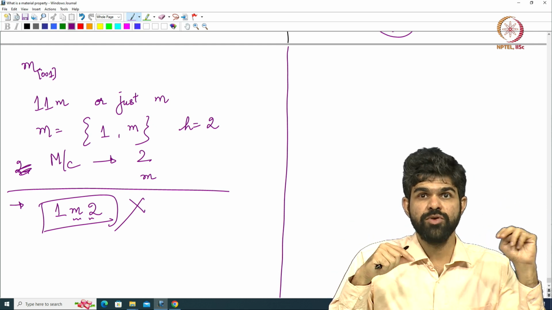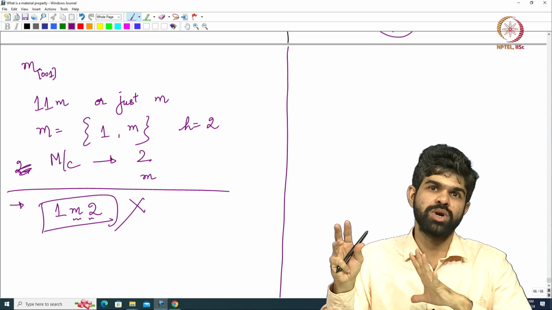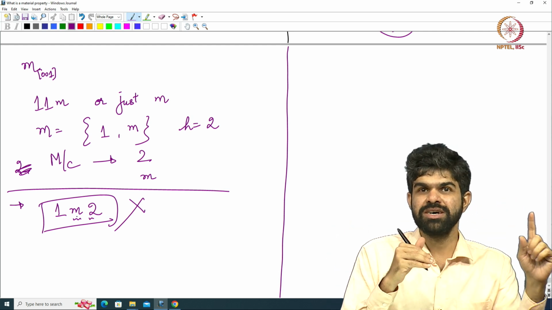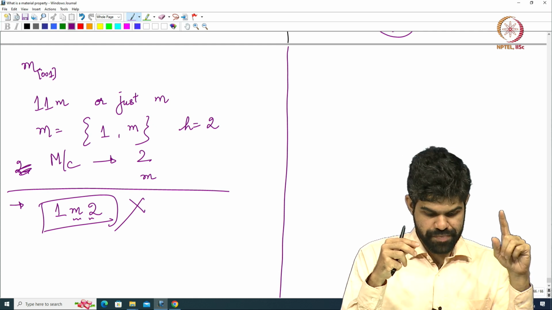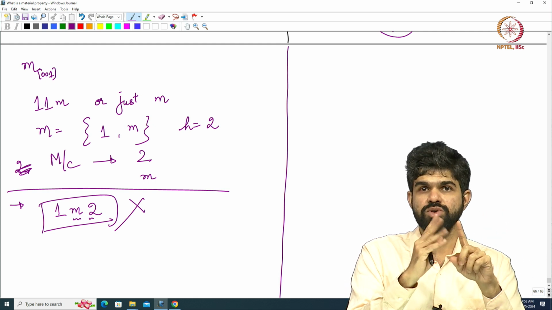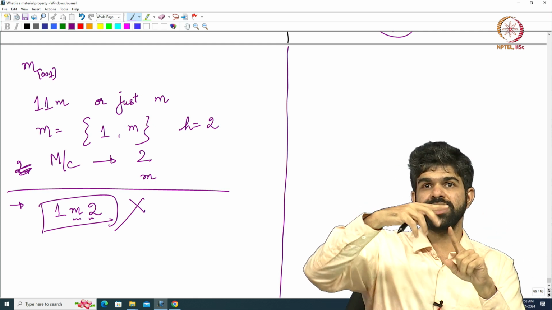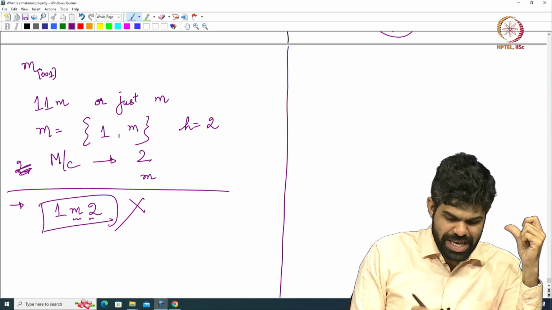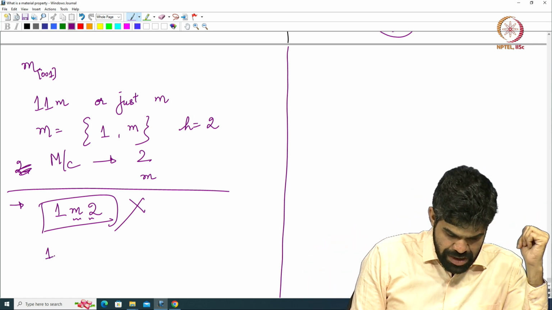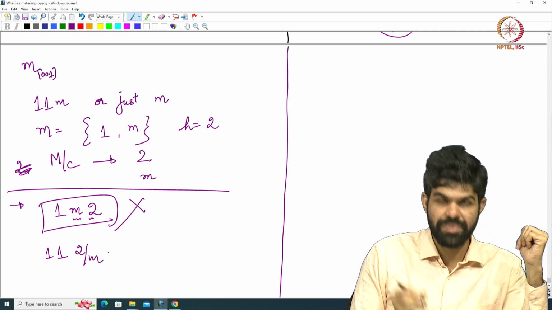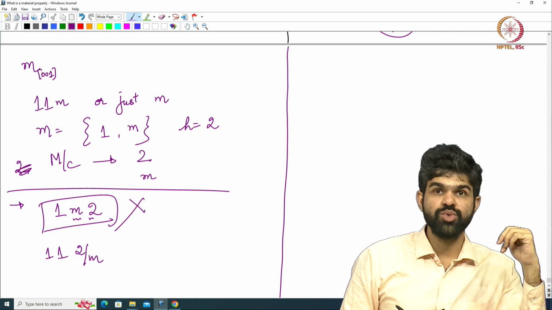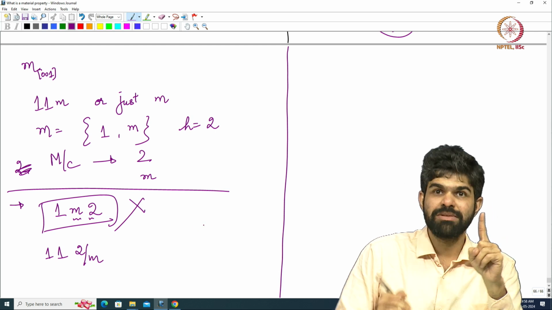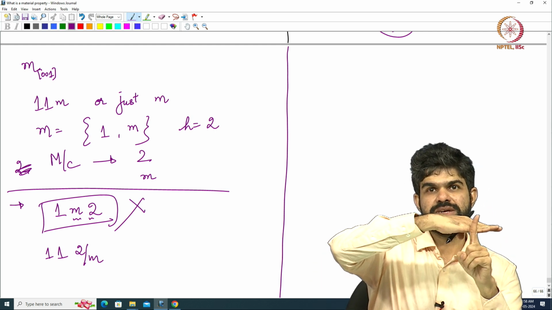But if I have a 2-fold axis of symmetry, then I am not in the monoclinic system anymore, right. So I cannot have a mirror whose normal is perpendicular to the 2-fold axis, right. So the only thing that is possible is 1 1 and 2 by m, right. And what do I mean by 2 by m? 2 by m means I have a 2-fold axis of symmetry and I am cutting it with a perpendicular mirror, right.